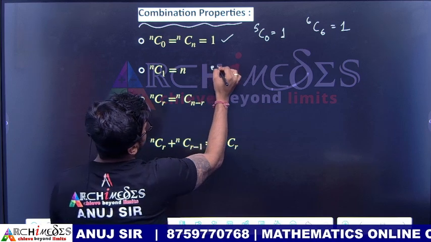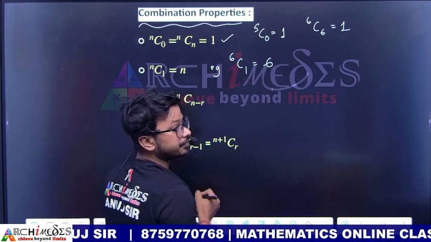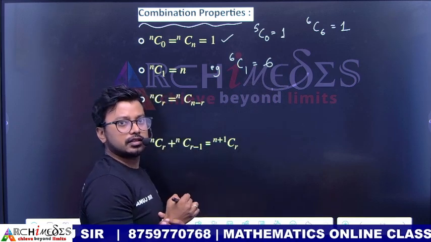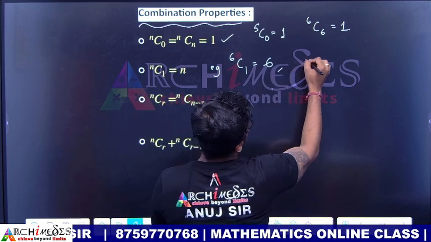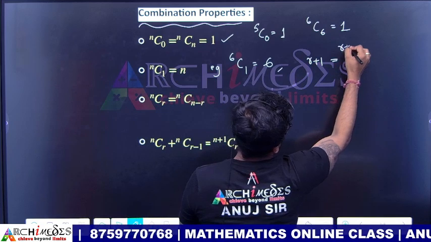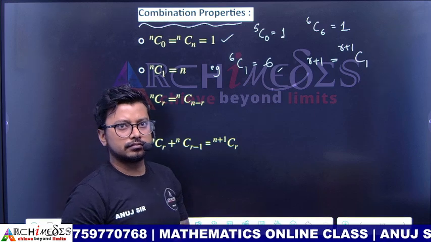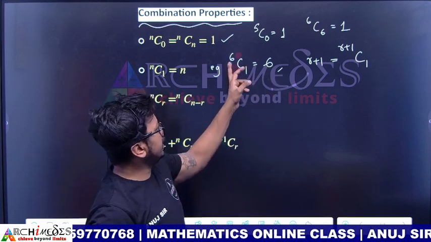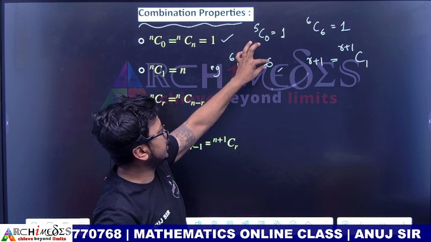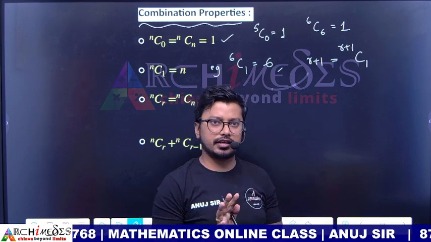For example, if I write 6C1, you can write this as 6. Clear? Or if you write n plus 1 C1, you can write this as n plus 1. Both are the same. If you need these values as a number, you can write it this way; if you want it in terms of the combination, then you write this. Am I clear?